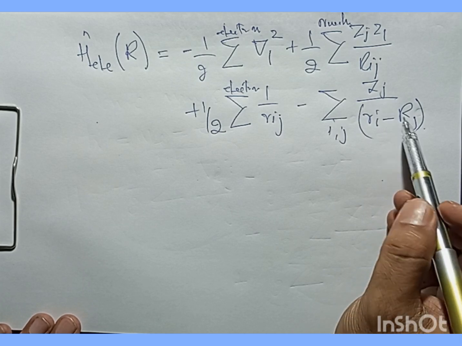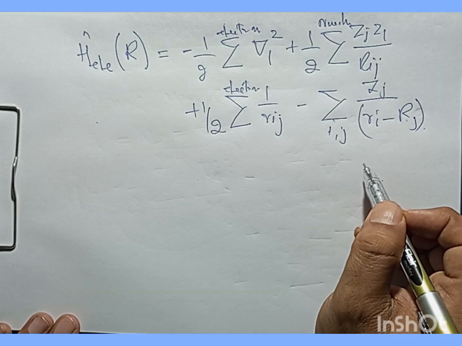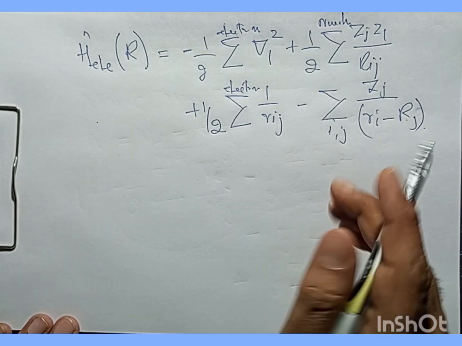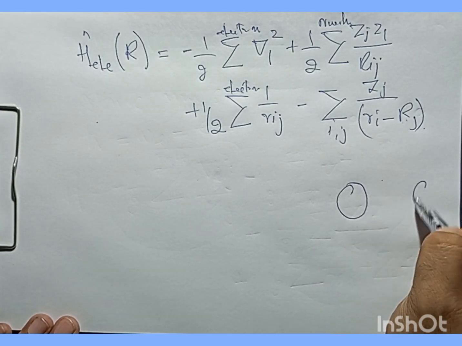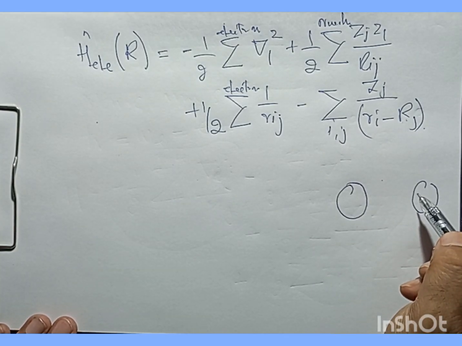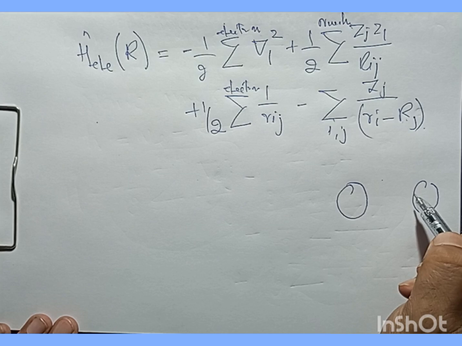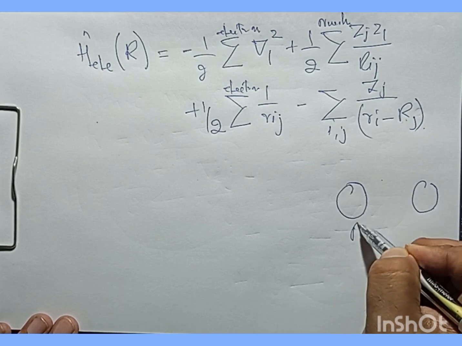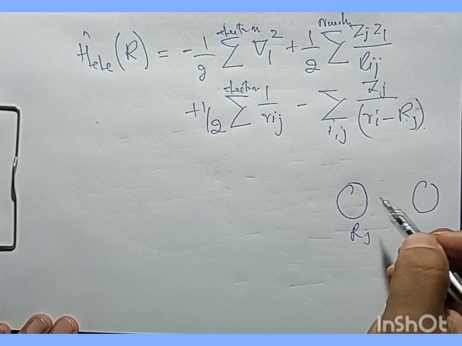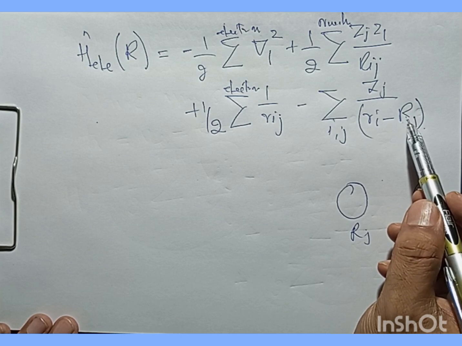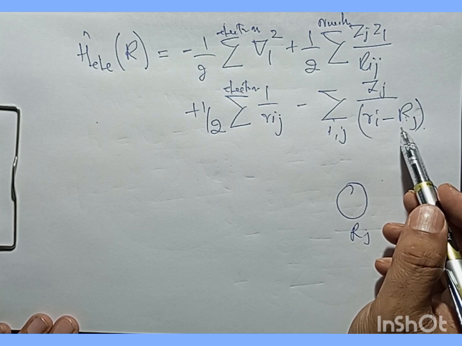In the limit that these nuclei are infinitely massive, the nuclei in the molecule are massive and are not going to move, so the position Rj in this equation will be fixed.